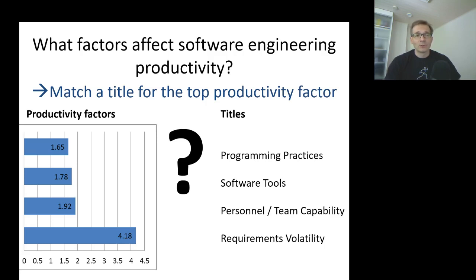So for example, on the left, the value of 1 would mean that the factor has no positive nor negative impact on software productivity. Value of 4, on the other hand, would mean that productivity is increased by 300%. I suggest you pause this video now and try to think what would be the top productivity factor.